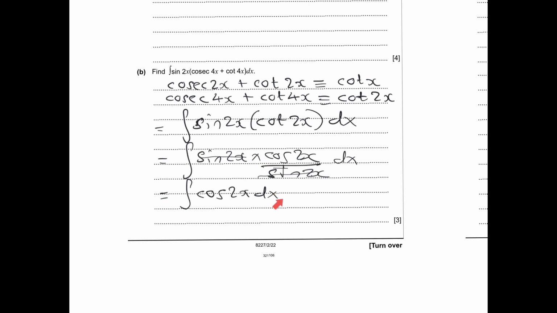Now when it's like this, then that becomes easy because that's a composite function here. Remember, for a composite function, integrating that, it will be 1 over inner derivative multiplied by outer integral. So our inner function is 2x. If we differentiate it, we get 2. So we are going to get 1 over 2, that's our 1 over inner derivative, multiplied by the outer integral.